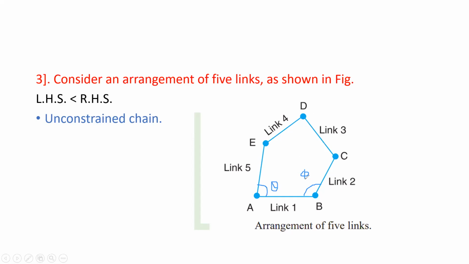So in this particular kinematic chain, I need two variables, theta and phi, meaning two inputs are required. So it is not a kinematic chain with 1 degree of freedom. It is a kinematic chain with 2 degrees of freedom, and that's why it is called an unconstrained kinematic chain. That is one case.